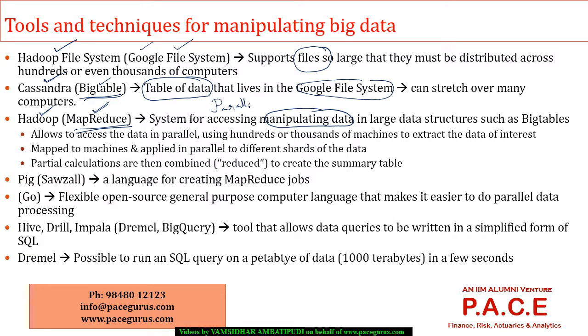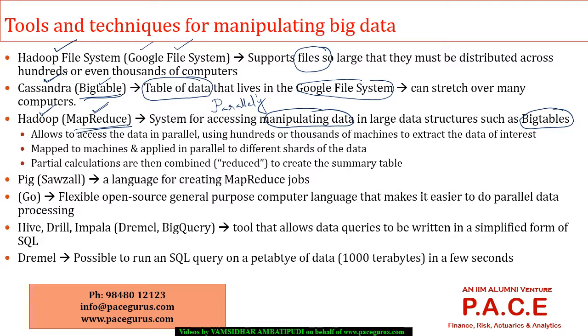MapReduce also does the same task. So the data that is lying in Cassandra or Bigtable kind of databases, we access that data, manipulate the data, and show the results.